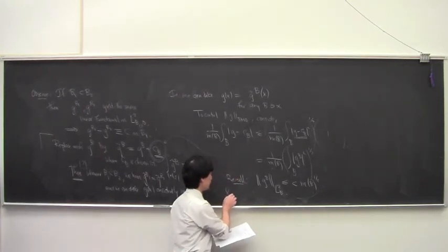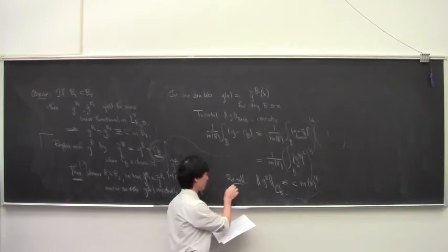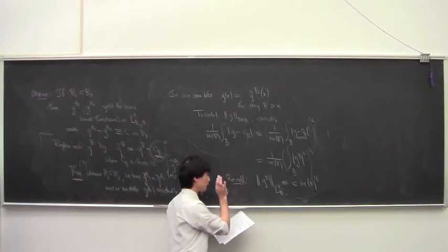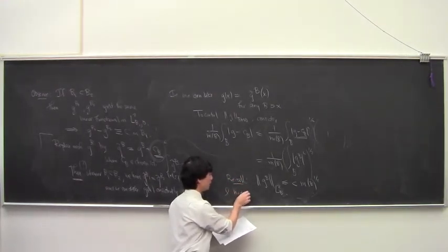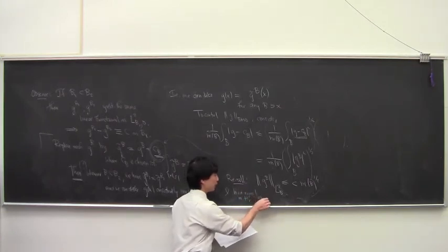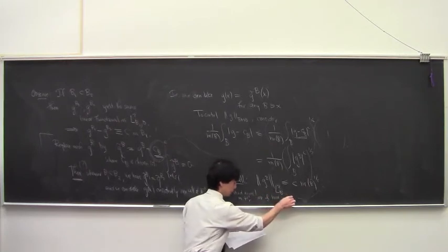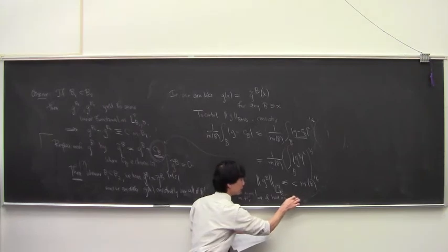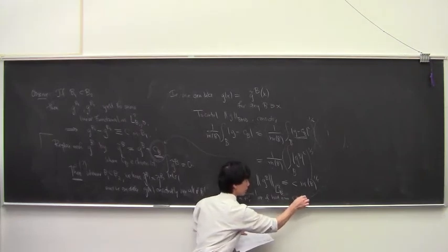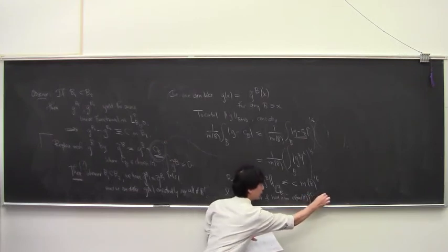Because L sub G had, because L had norm 1 on H1, which implied that it had norm C square root of the size of B on L2.